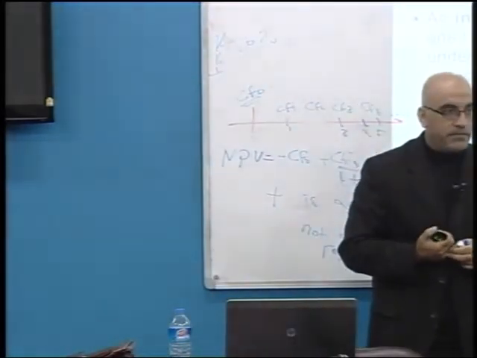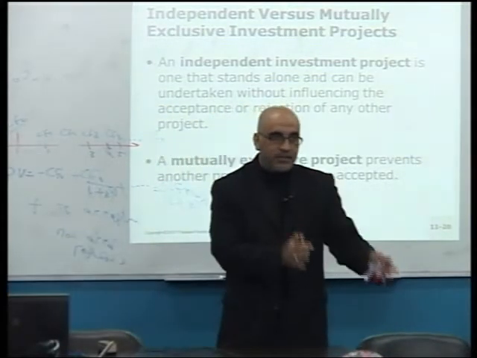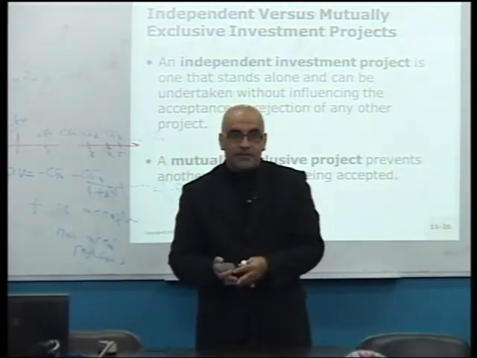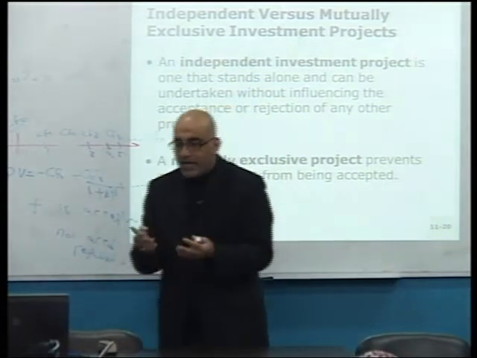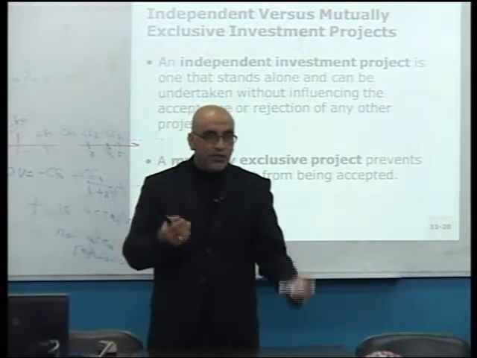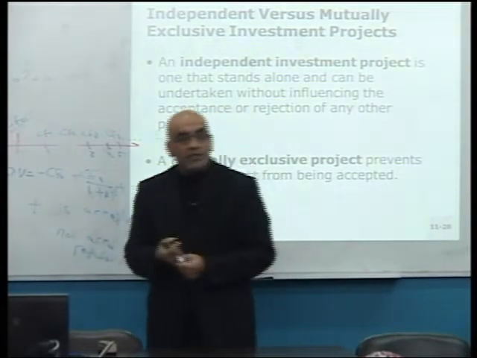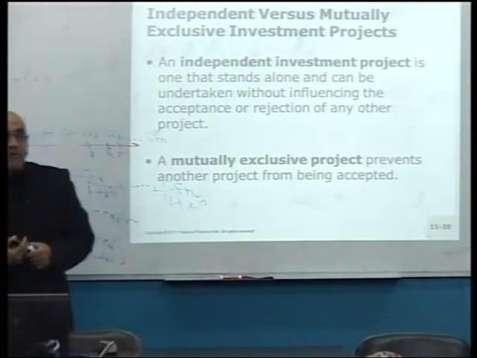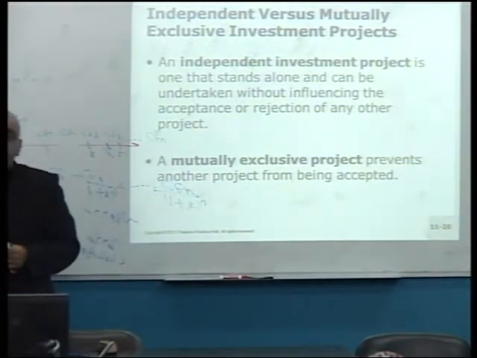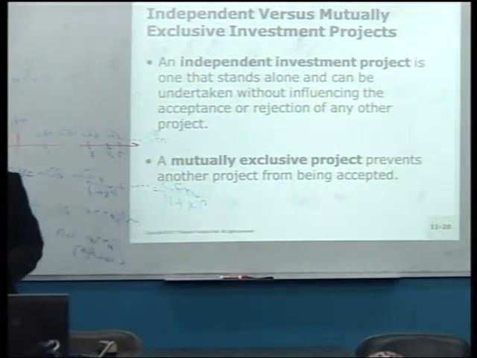We encounter a problem, for instance, if we have project A and B is dependent on A. For instance, we have a machine and we want to replace it. We compare between the old machine and the new machine, or after a period of time we want to replace the old machines. If we have 3 projects, and one of them depends on the other projects, we will encounter the problem, and net present value no longer works.